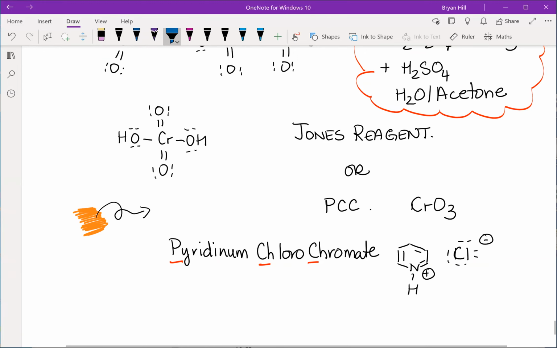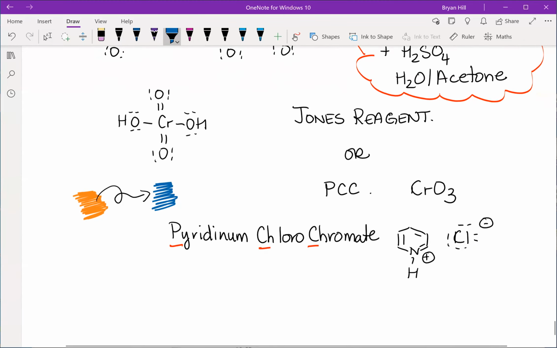So this is often used as a test for alcohols. You can just add an alcohol to your Jones reagent, and if it turns blue, oxidation's taken place. It was used a lot in the past, but chromium's not good for you.